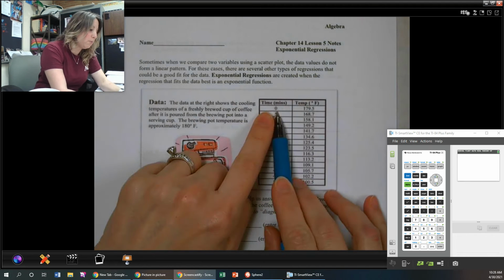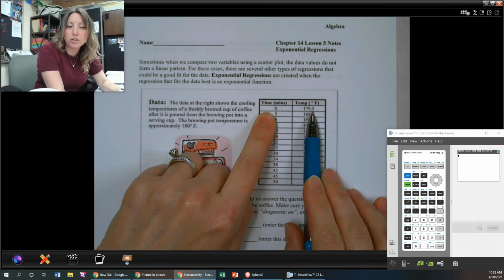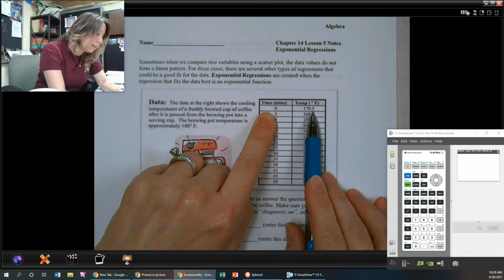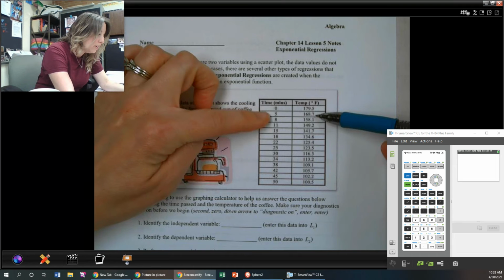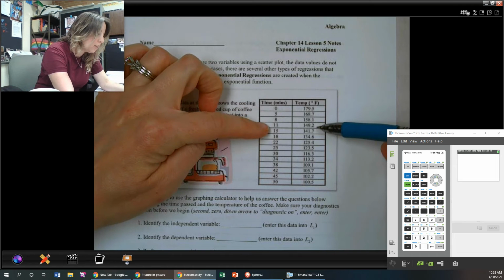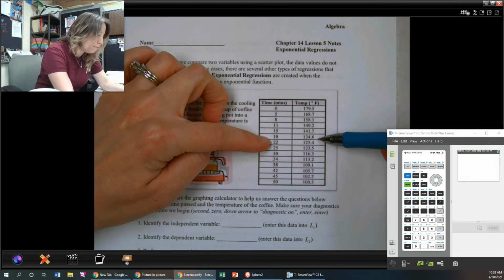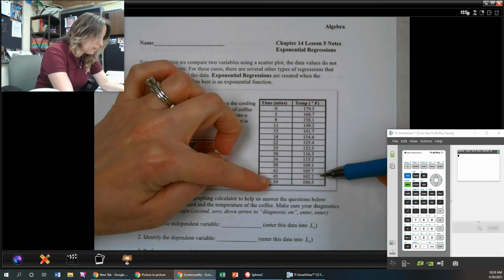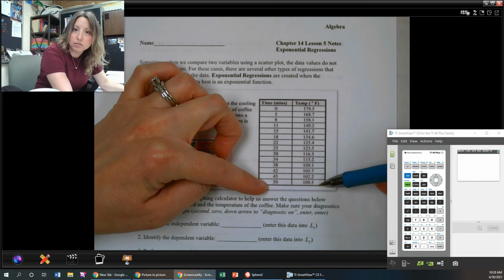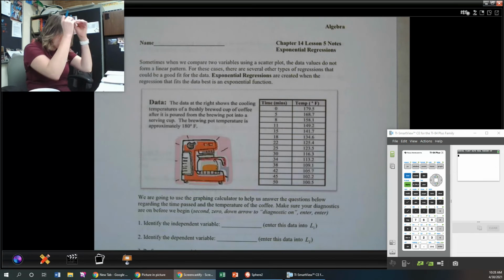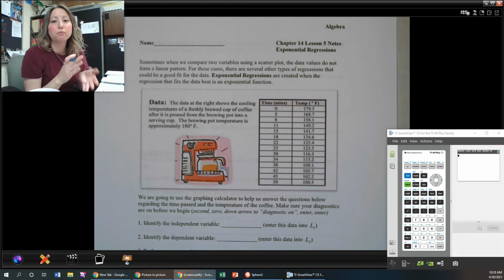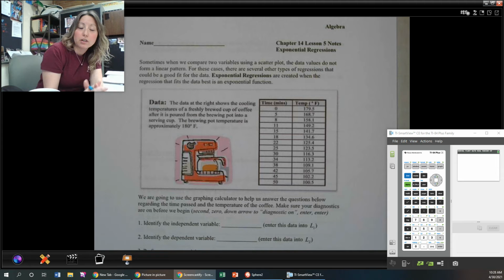At 0 minutes, we're at 179.5 degrees Fahrenheit, and then the temperature of the coffee continues to be taken for the next 50 minutes, and we can see where we're heading.